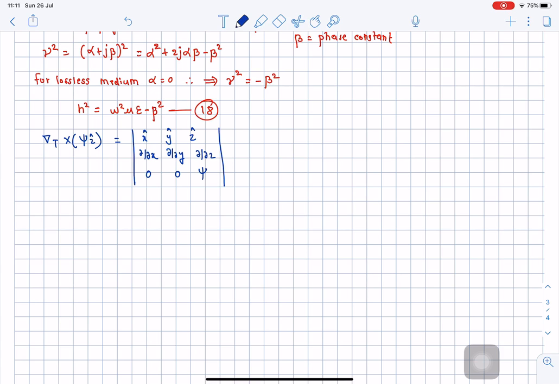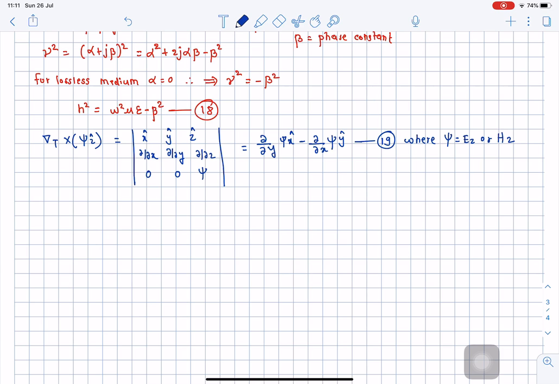This we know. If you simplify this, you get del by del y of psi x cap minus del by del x of psi y cap. Let us call this equation number 19, where the psi term could represent either Ez, the electric field along the z direction, or the magnetic field along the z direction.